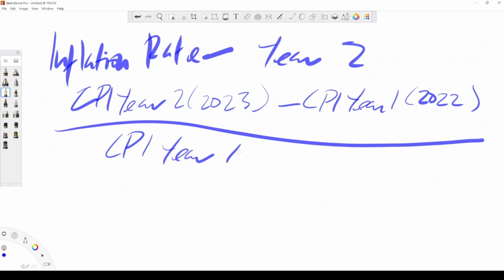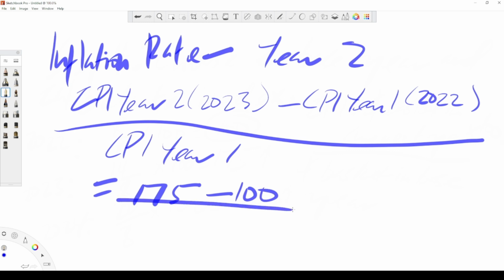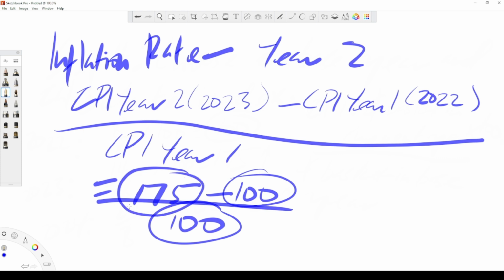In that case, it is 175, if you remember the CPI, minus 100, divided by 100. This one was for the base year, and this one was for 2023, which is year 2 in this case, times 100%.